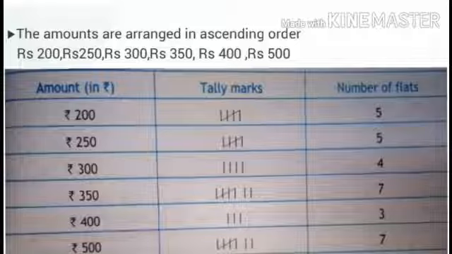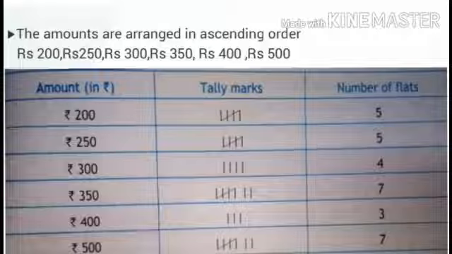That means 5 houses have given them rupees 200. Clear? Next, in rupees 250, you see 1, 2, 3, 4, 5. So 5 houses gave them 250.